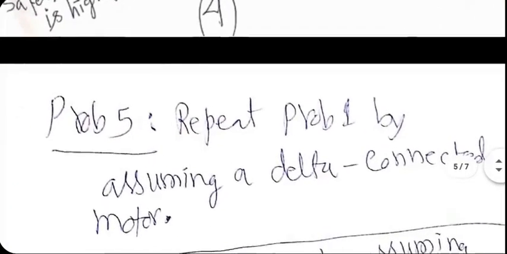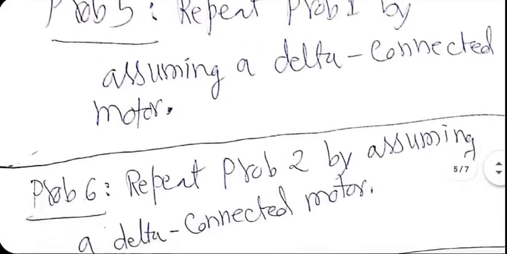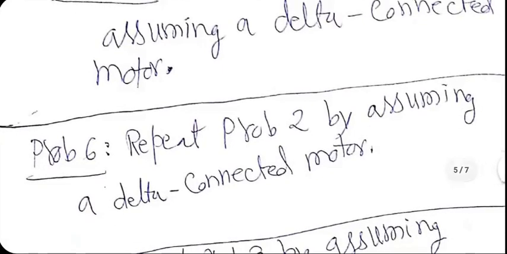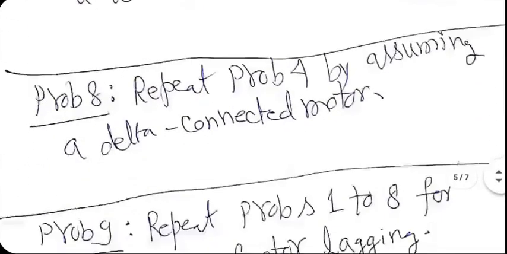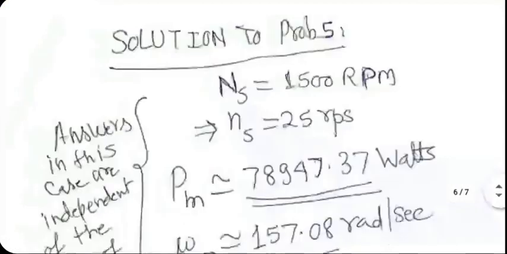Now, lot more here. Problem 5 says repeat problem 1 by assuming delta connected motor. Problem 6 basically assumes the same details but delta connected motor. So I would like you to do it yourself. I could have done it. Actually, I have done it for you, but it would have been nice if you would tackle it yourself.